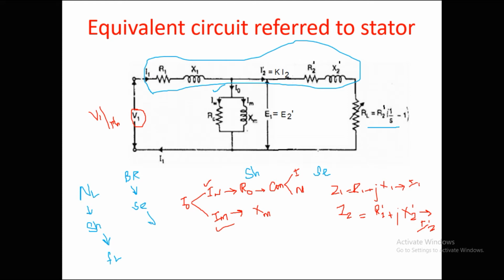In the series branch we have variable loss, that is copper loss, because we have impedances alone, that is resistance and reactance alone, so we can expect only I square R loss in the series branch parameter. So this is the concept behind the indirect loading test.